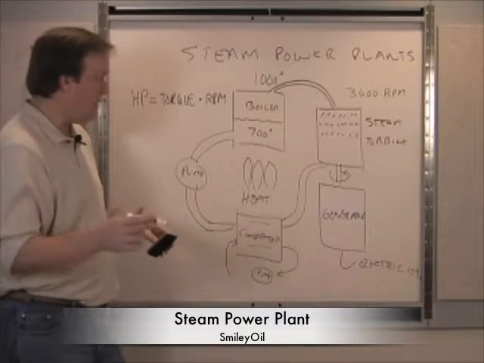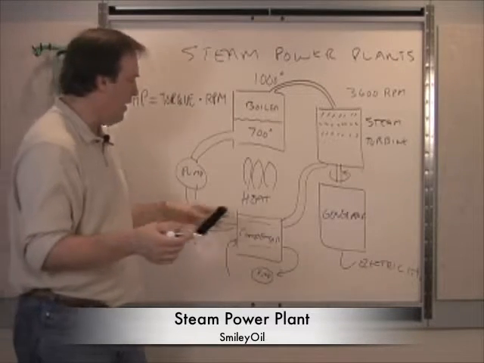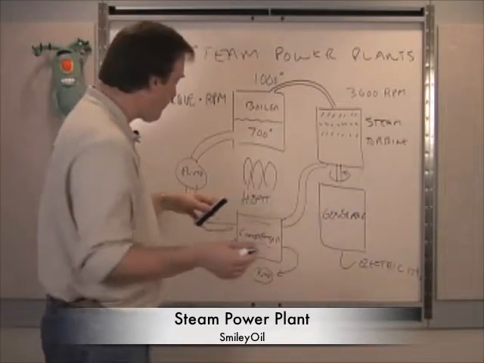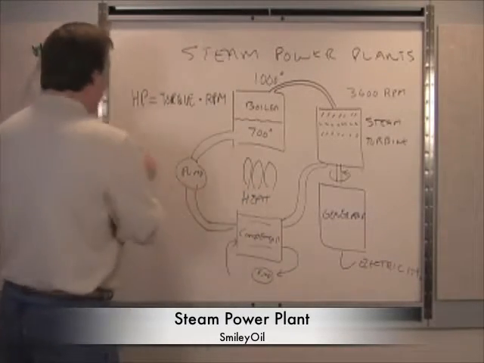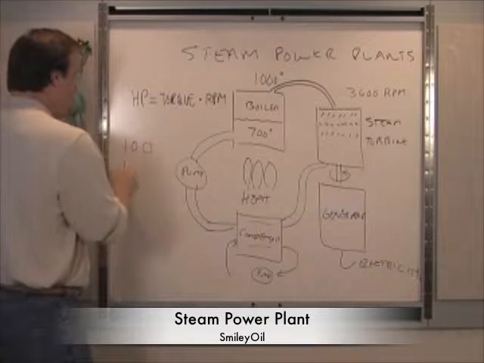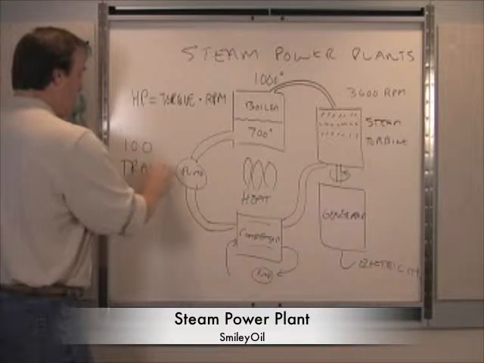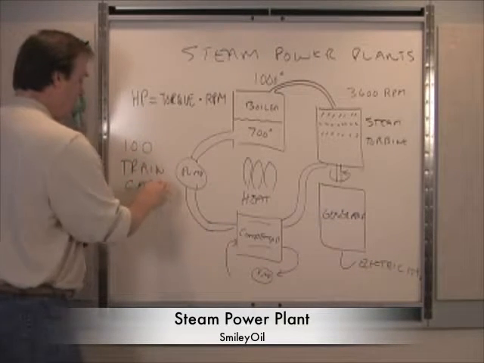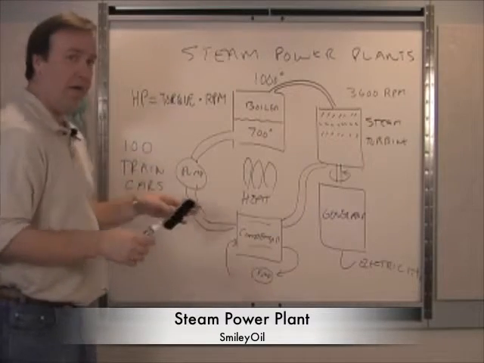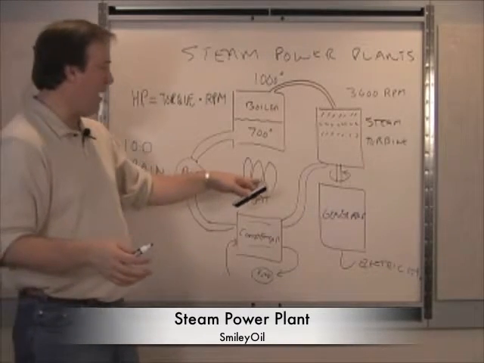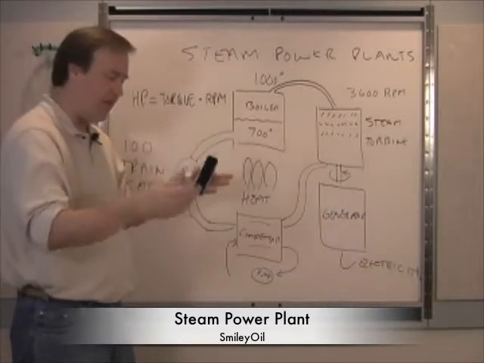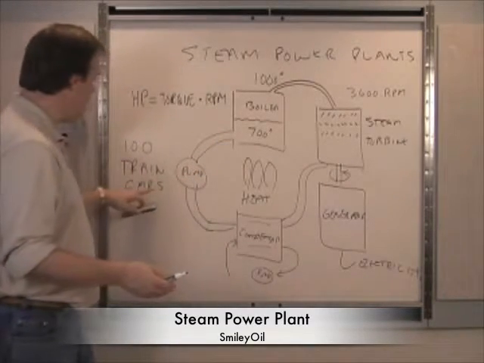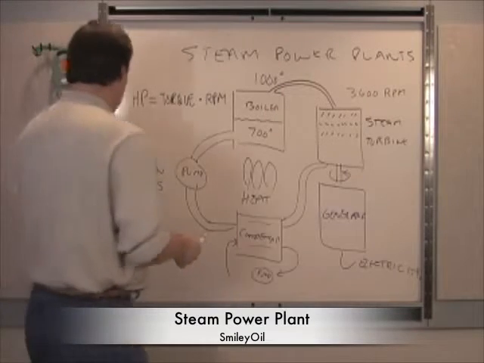Now, one thing that's interesting here is that if you take a coal power plant, this power plant is burning 100 train cars of coal a day. In the summer, when the air conditioners are on, you get 300 train cars a day.